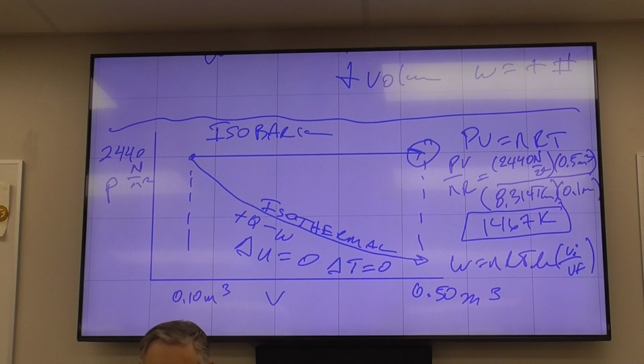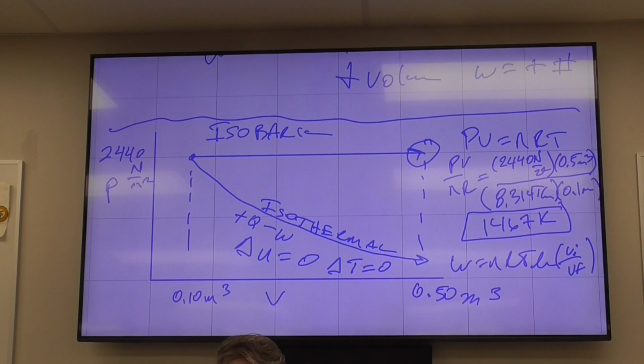I'll light a match. If you put your hand directly above it, you're going to burn your hand, because that's a very, very high temperature. But you're not going to warm up the house, because you don't have a lot of overall thermal energy in the system. Just because this is a really high temperature doesn't mean there's a lot of heat involved, because temperature is a measure of the kinetic energy.